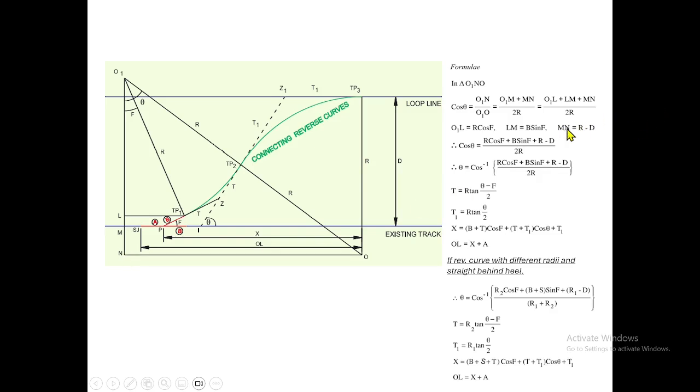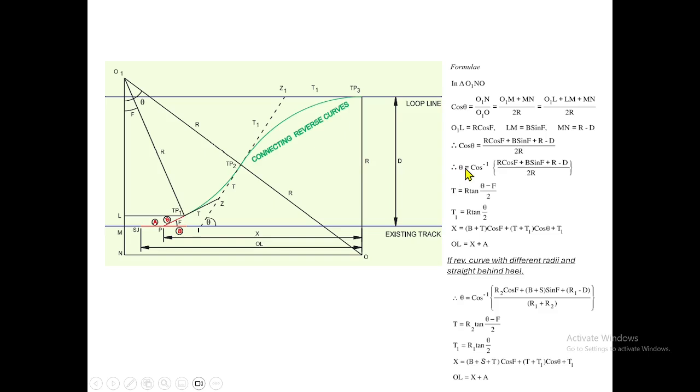Okay, so with this, we can now fit into the cos theta formula, then we'll find out the theta. So here cos theta equal to what? O1L plus LM plus MN divided by 2r. We are substituting here, r cos f plus b sin f plus r minus d, divided by 2r. So from here we can find cos theta, and theta is equal to cos inverse of this. So we got the theta now.